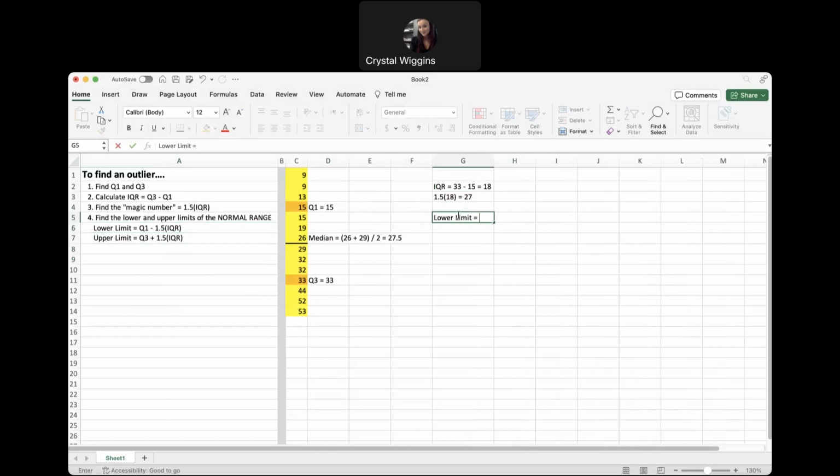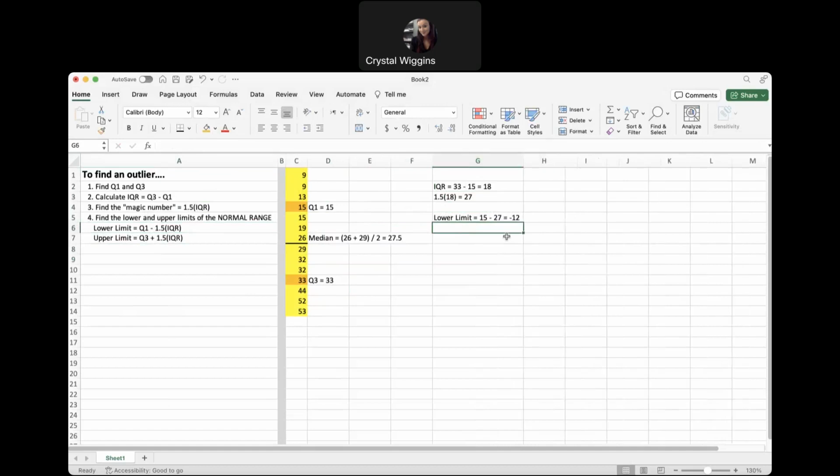My lower limit is going to be found by taking Q1, which is 15, and subtracting the magic number of 27. And this is going to give us a lower limit, or the smallest number that is still considered normal. That happens to come out to -12.